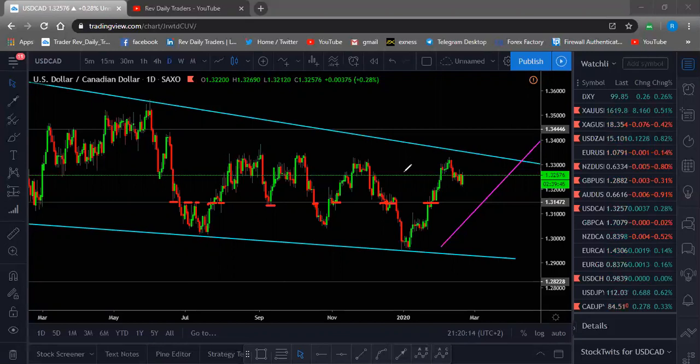Okay, at the moment we are having this impulse, correction, impulse. Are we having another correction here? Is what most traders get confused.